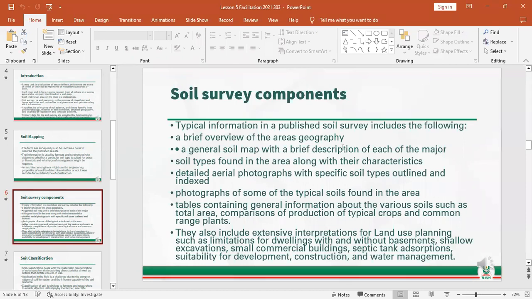They also include extensive interpretations for land use planning, such as limitations for dwellings with and without basements, shallow excavations, small commercial buildings, septic tank absorption fields, suitability for development and construction, as well as water management.